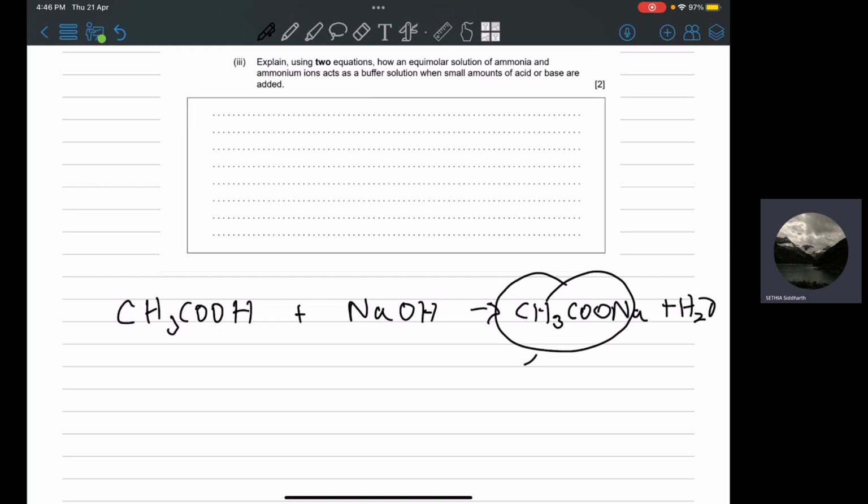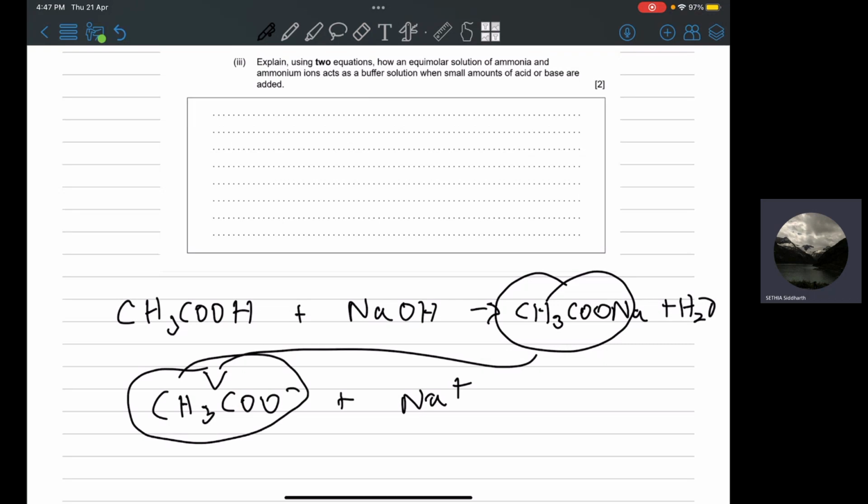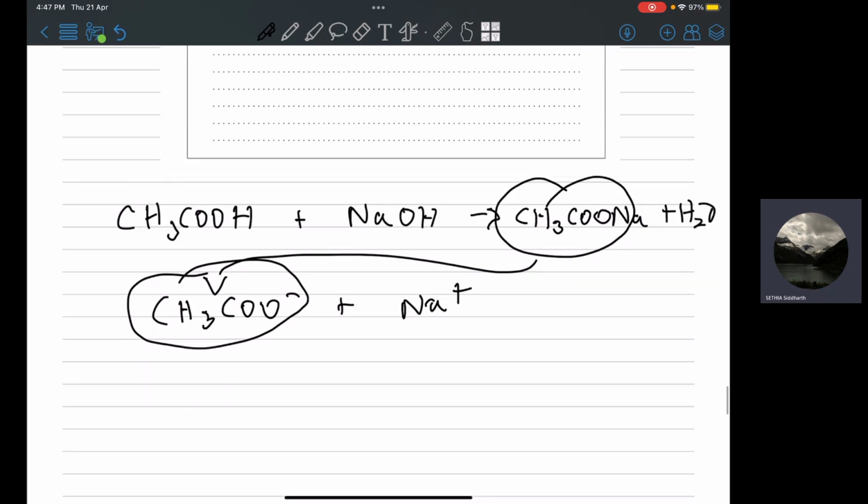You have your salt, and our salt comes like this. So this is what we want. This is our conjugate base. And then we have our weak acid, of course.